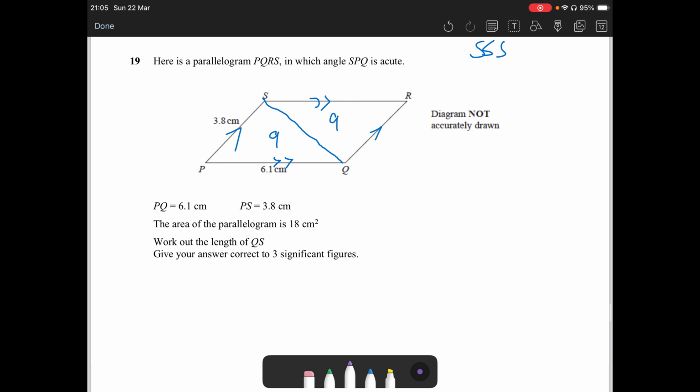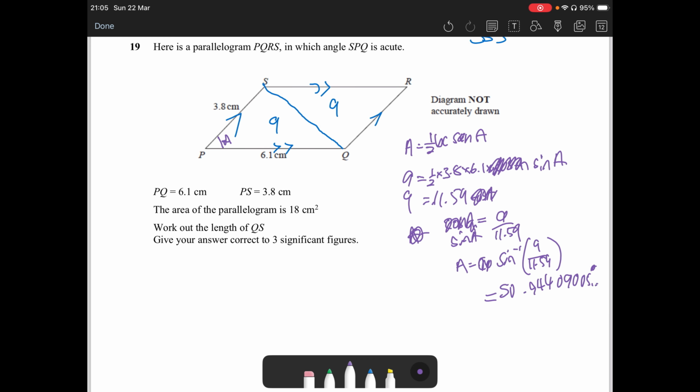So with that in mind, now I can just work out the length SQ or QS by using that angle and using the cosine rule. That's why I mixed it up. In my head, I was already thinking the cosine rule. So remember, the cosine rule is, and you are given this in the formula sheet, a squared is b squared plus c squared minus 2bc cos A. So the a is the thing we're actually trying to find.